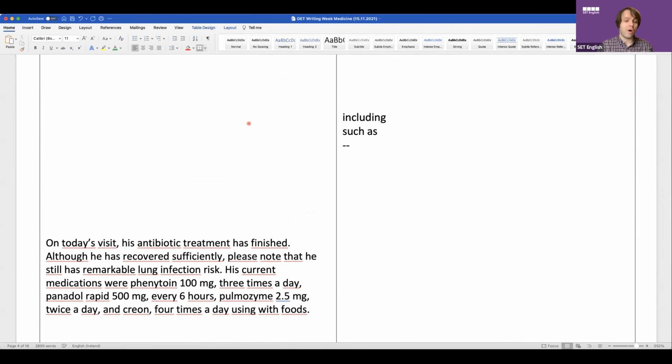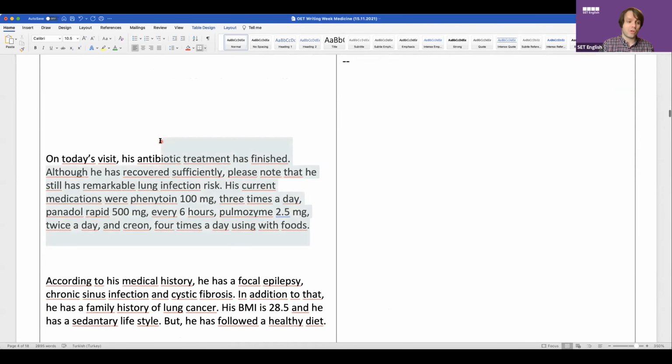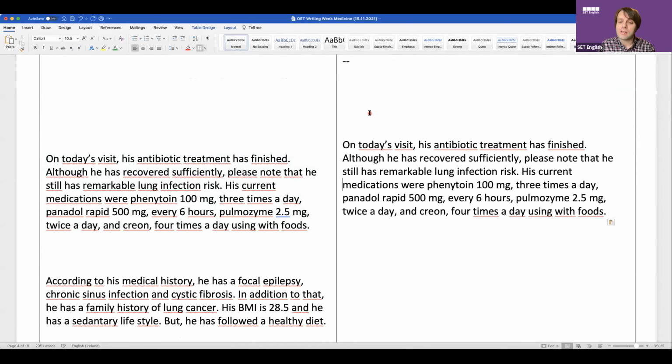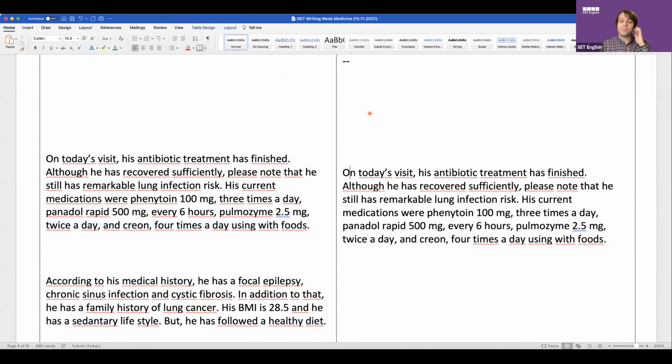Okay, let's move on to this one. Again, please ask me these questions, because we're learning as we assess. So, on today's visit, antibiotic treatment has finished. First problem, so it's a game. What's the problem? First person to tell me. Name. Yeah, I need the name, don't I?